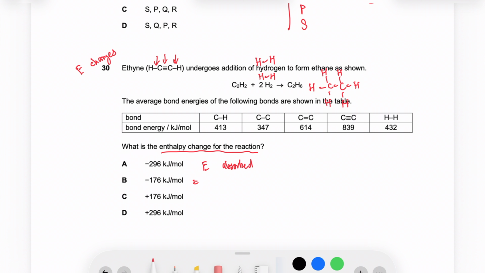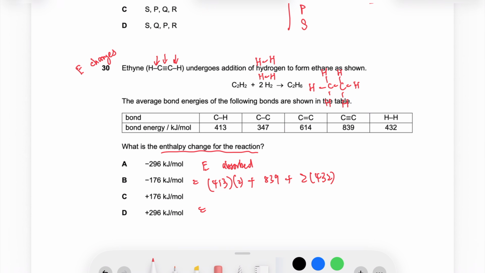Okay, CH bond is 413 times 2 plus CC triple bond. CC triple bond is 839 plus 2 of the hydrogen bonds, HH bond, so it's 2 times 432.